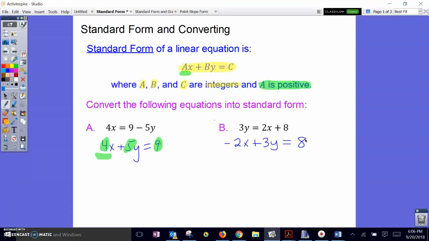We want to turn that into a positive, and what I can do is take this whole equation and multiply it by -1, which makes this a positive 2x. And it changes the sign of everything in the equation. And now I'm in standard form. Alright, let's go on to the next set of examples.